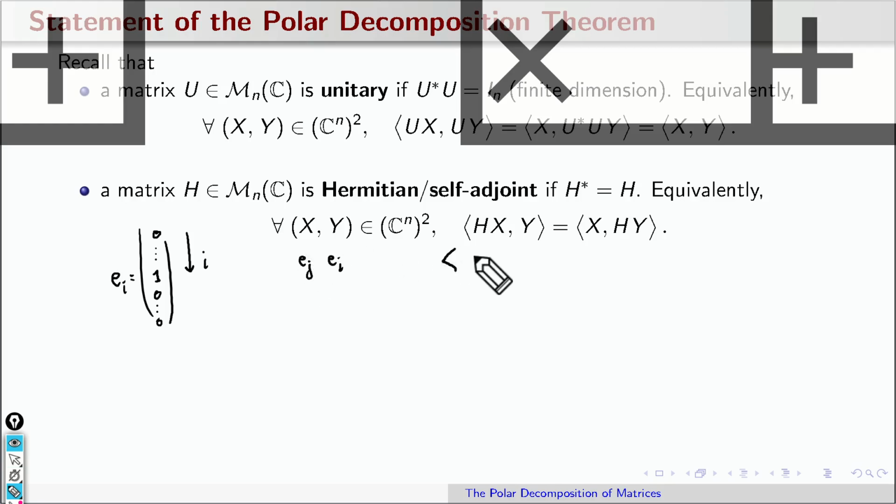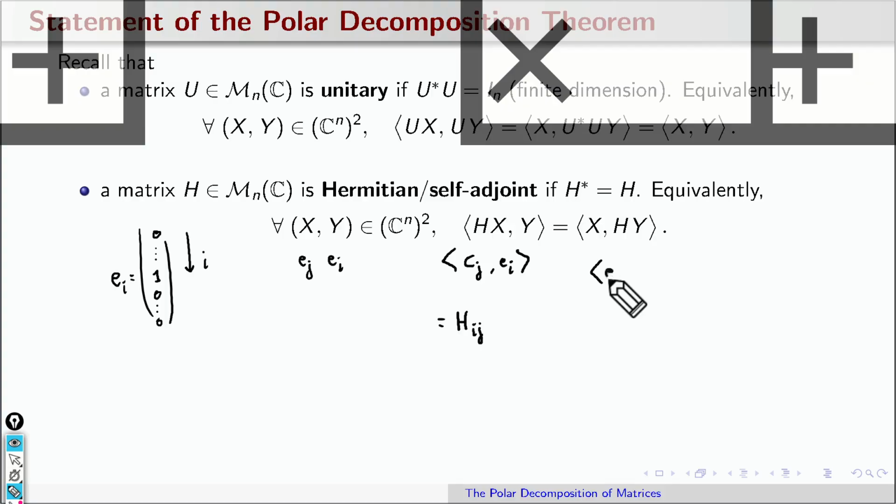H applied to e_j, it's the jth column. I just write like this, the jth column of H, and here is the vector e_i. Here it will give the element in line i and column j.